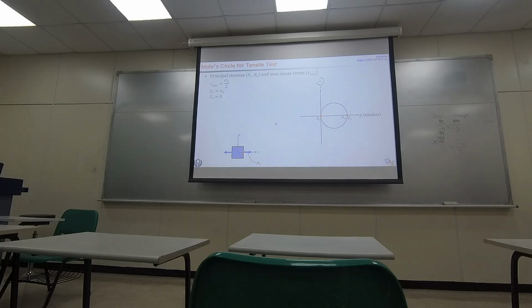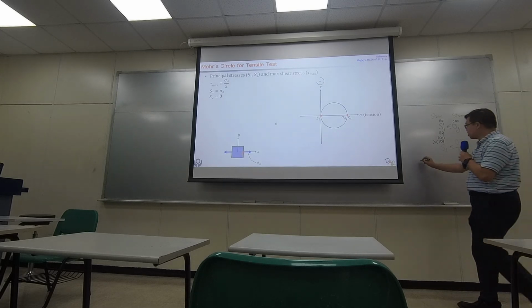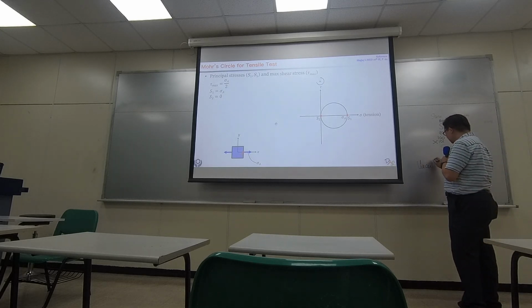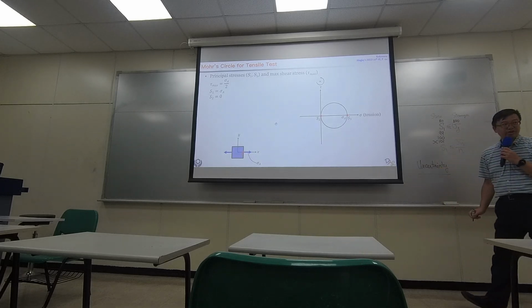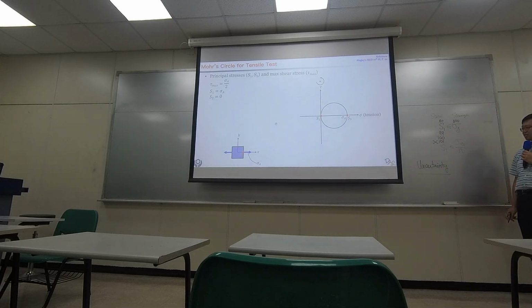But the manufacturer probably produces 10,000 pieces of this workpiece. He cannot guarantee every piece is the same. No one can. So there is so-called uncertainty. Uncertainty is everywhere. In Chinese, it's called 不确定性, uncertainty.